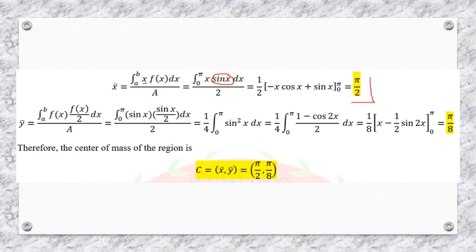And then y bar: f of x over 2, so sine x over 2, we just put the over 2. No plus here, since plusing would still be sine x. Over 2, so we get pi over 8. Therefore, the center of mass of the region is pi over 2 and pi over 8.